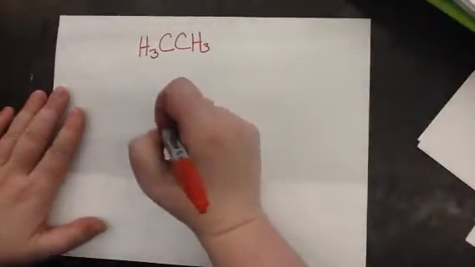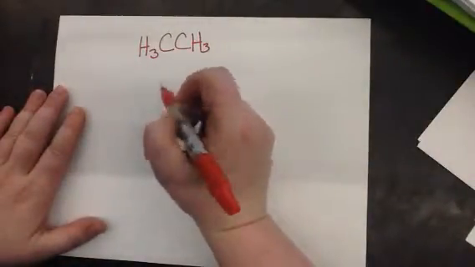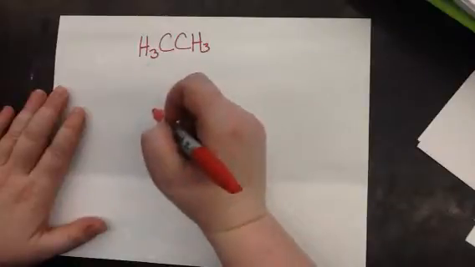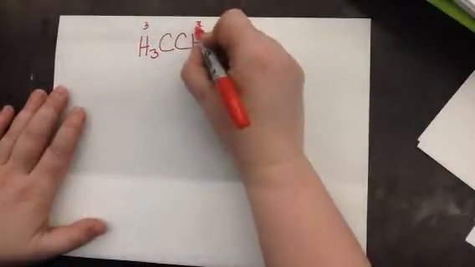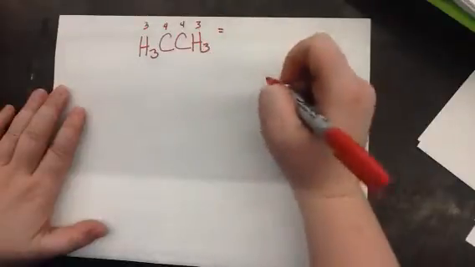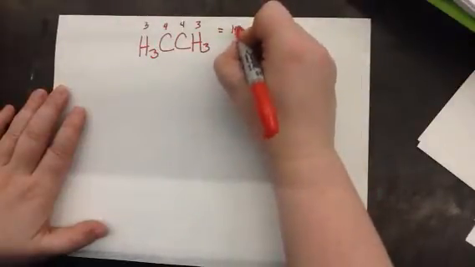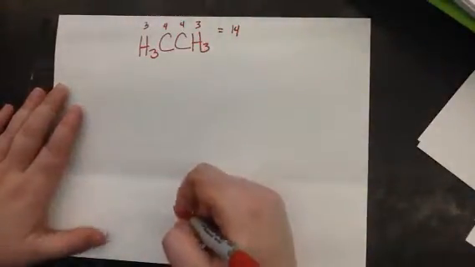The next one that we're going to look at is H3CCH3. So again, we need to figure out how many valence electrons we have. Each hydrogen has 1, which means those 3 hydrogens have 3, these 3 hydrogens have 3, and each carbon has 4. If we add that together, we get a total of 14 electrons to work with.